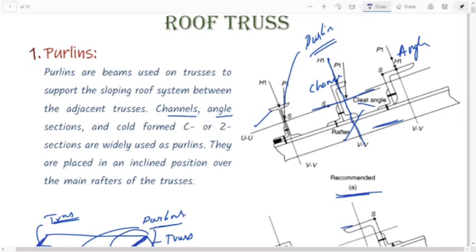So the load acting on this beam and the self weight of this purlin, the sum of these two loads is going to be vertically downward, which is going to be inclined with these two axes also. We are going to see in detail when we are discussing the problem.